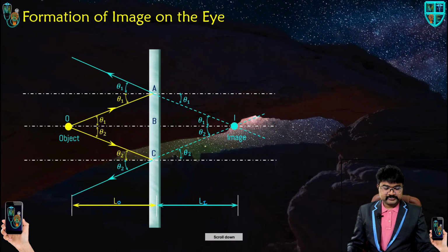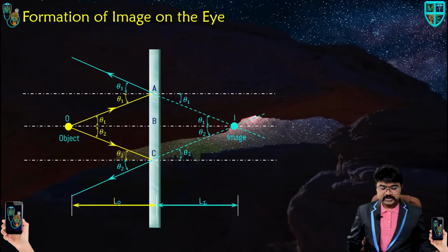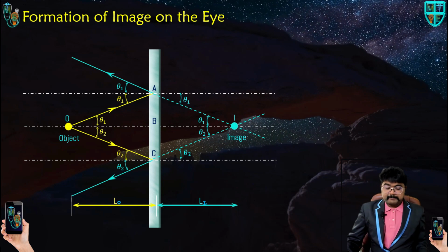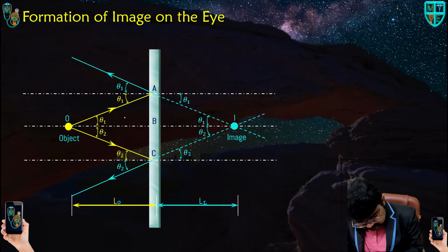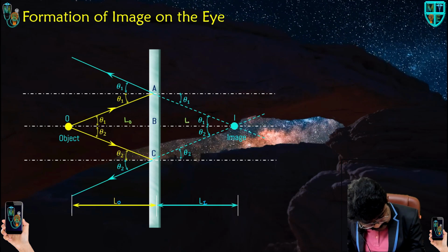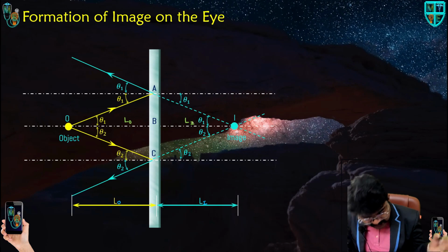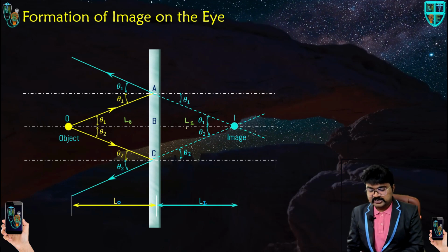See here, we need to prove the perpendicular distances. I can say that this would be Lo, this would be Li. Here theta 1, I am interested in the upper portion.